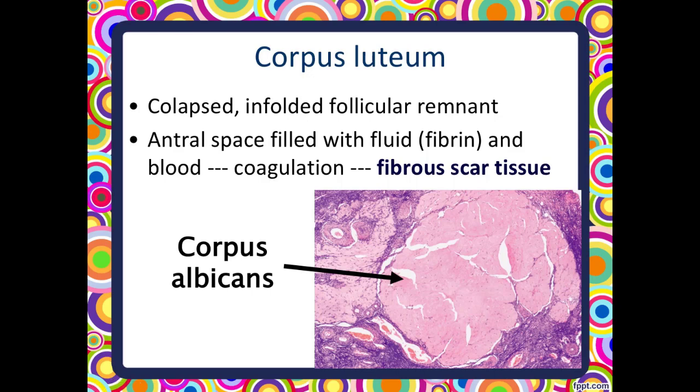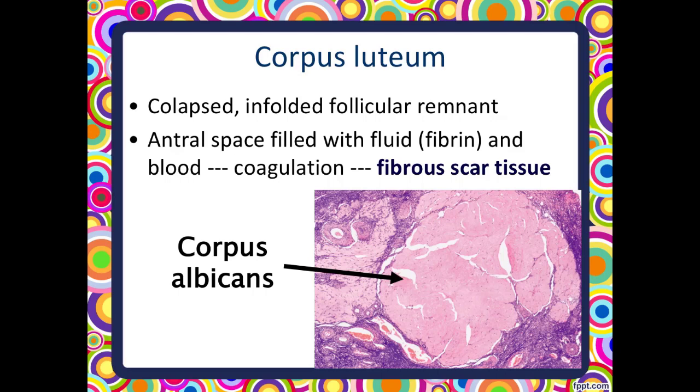What is corpus luteum? It's the remnant of the ruptured follicle after ovulation. At first, the antral space is filled with fluid containing fibrin, and of course the blood from the ruptured blood vessels.